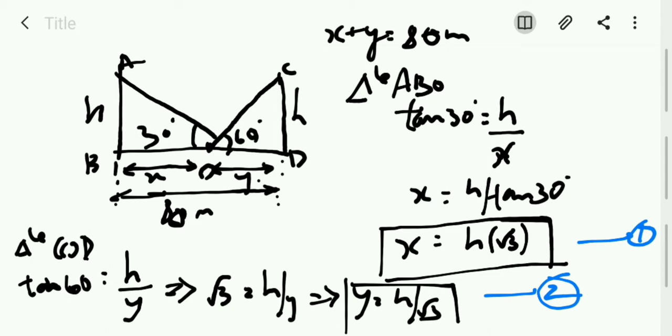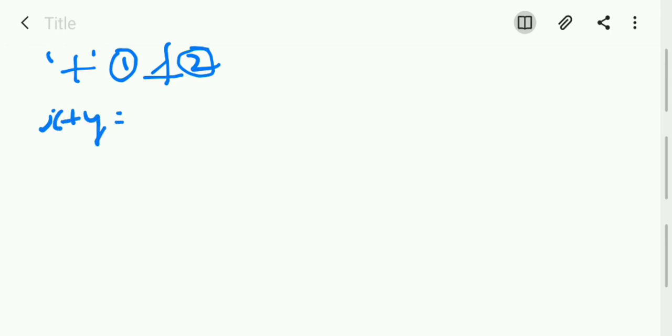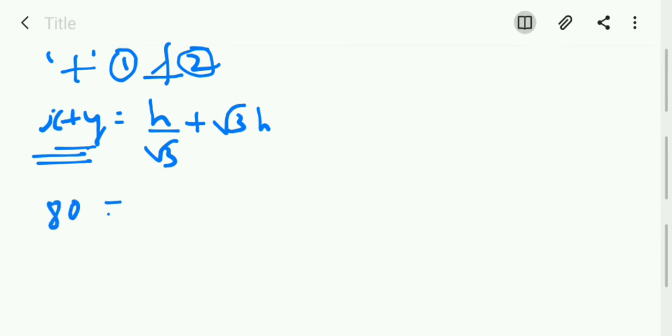Now adding equation 1 and equation 2: X plus Y is equal to H by root 3 plus root 3 H. This is nothing but 80, correct?